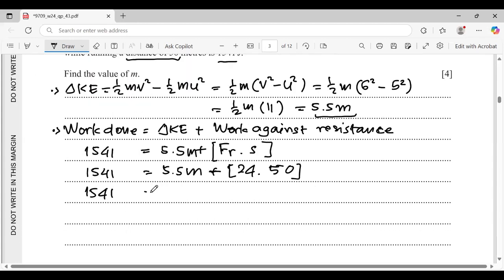And it becomes 5.5 m plus, if we calculate this, 1,200.